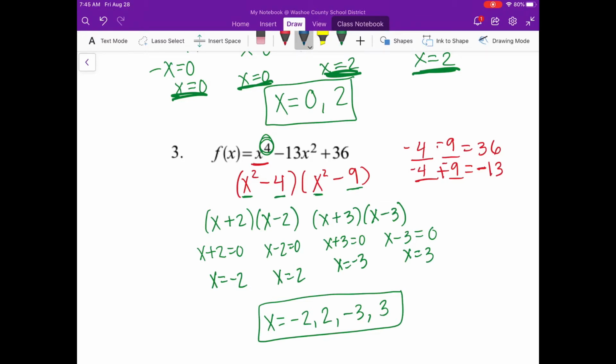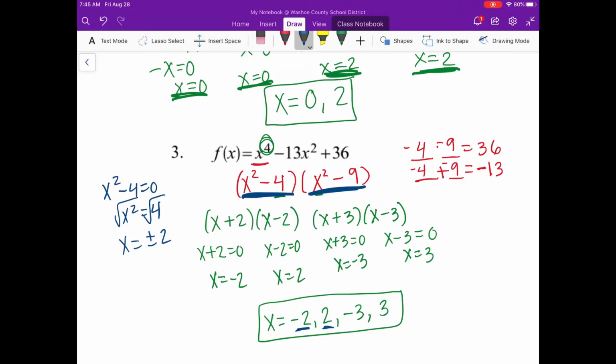If you didn't remember difference of squares, you can go from here. I'm going to show you that second method and just set those factors equal to 0. So what ends up happening is I set this equal to 0. Then I add 4 to both sides, and I get x squared equals 4. When I take the square root, x equals plus or minus 2.